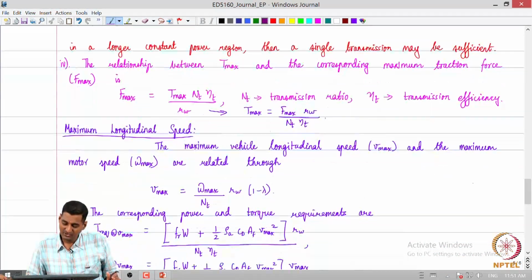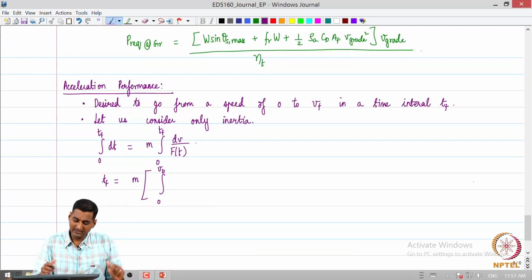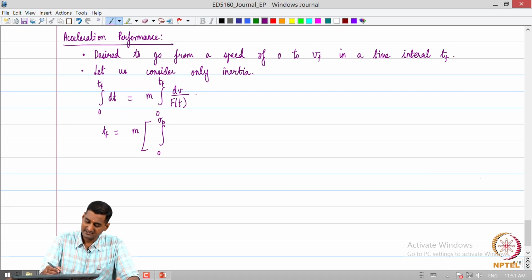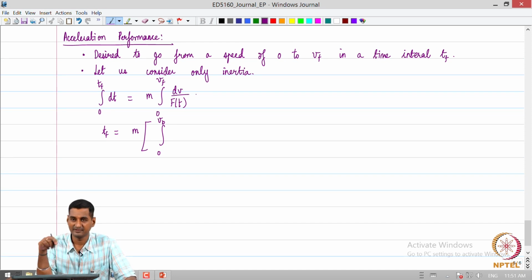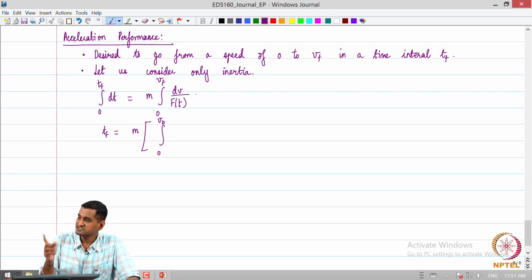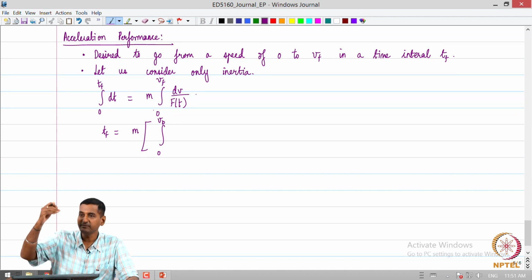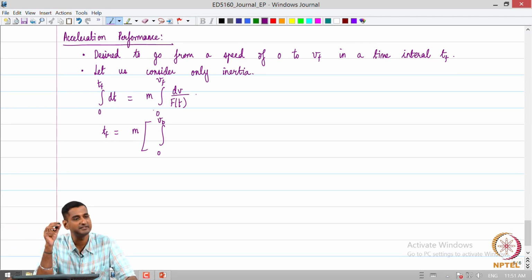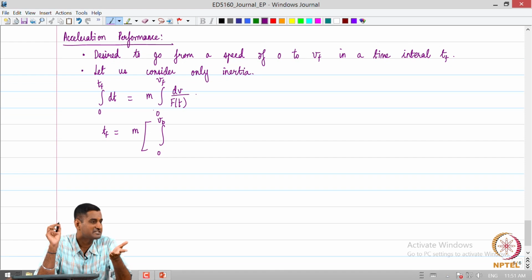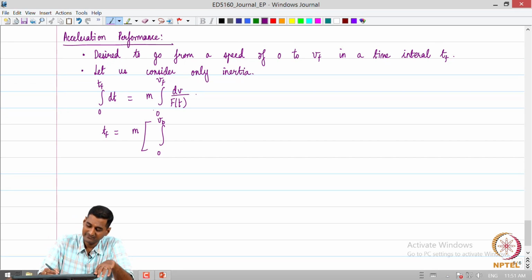So, this is not Tf, this is Vf, sorry. I am going to integrate from 0 to Vf on the right hand side. We will split into two regions, 0 to Vb and Vb to Vf. Of course, I am assuming that the final speed is more than the base speed, which is a reasonable assumption to make.